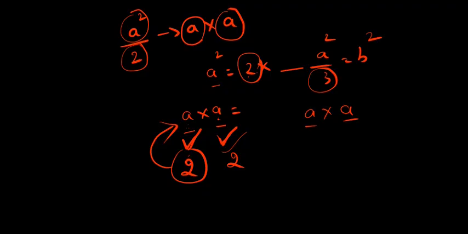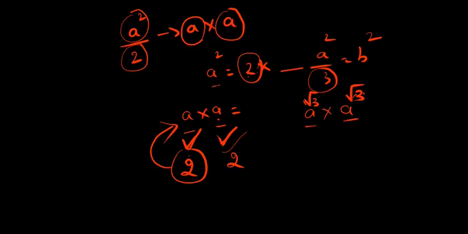You may ask, why, sir? Can't it be present in both? That means it would be root 3 in this and root 3 in this, and root 3 into root 3 becomes 3. So here itself you are telling that it is irrational, so you should not take this one.